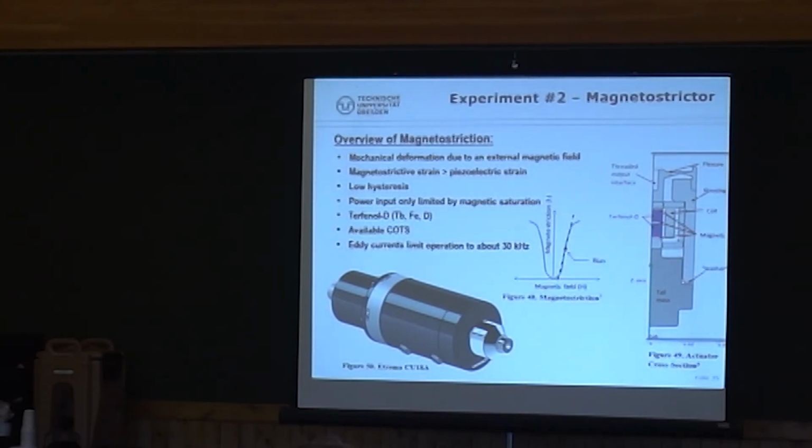This is the actuator, and there's also kind of a spring. The flexure is also applying compression, which is required by the Terfenol because it's a sintered powder material. What is the application of this? Ultrasonic. It's provided by Etrima. We bought this from Etrima.